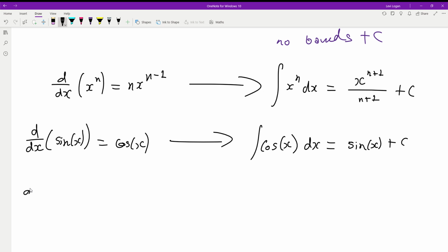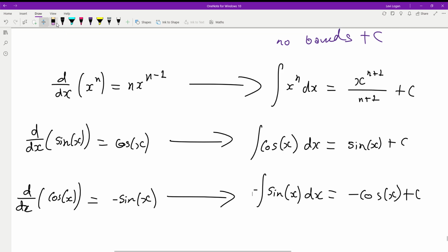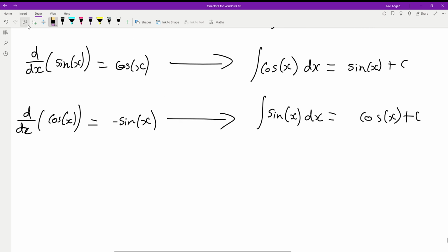The derivative of cos of x is going to be minus sine of x. So that means the integral of sine of x with respect to x must be minus cos of x. Because if I had the negative here, let's say I had the negative integral here.